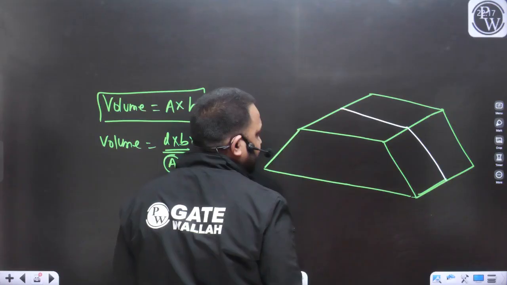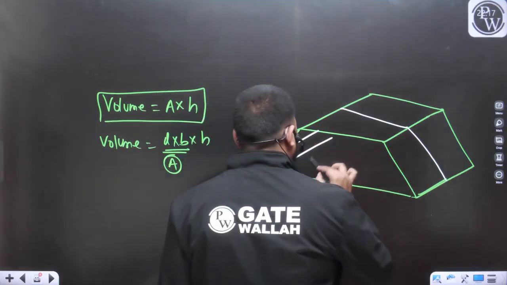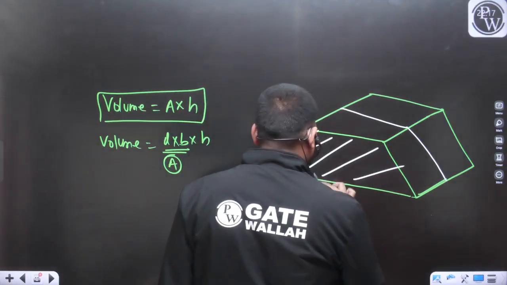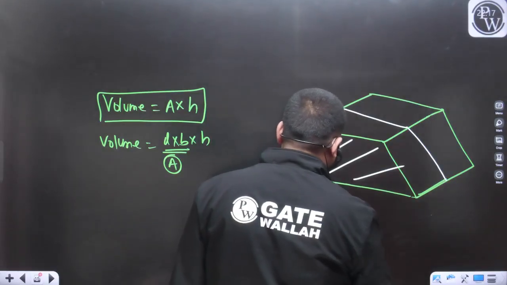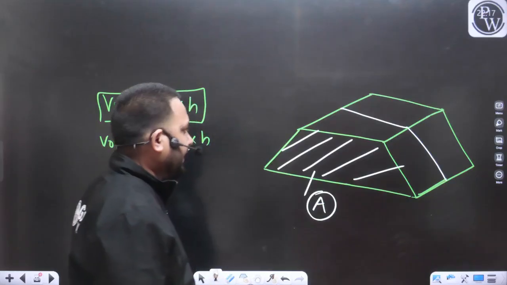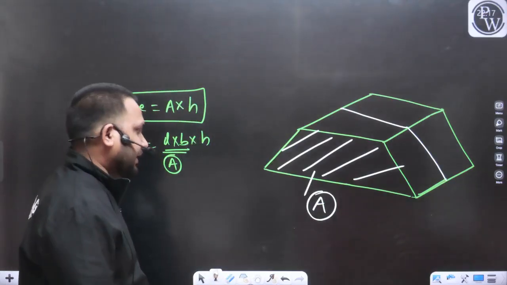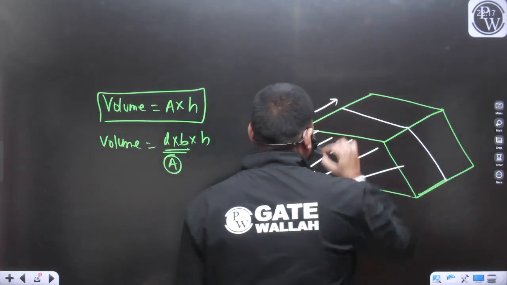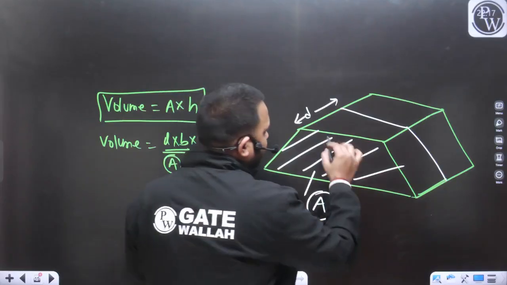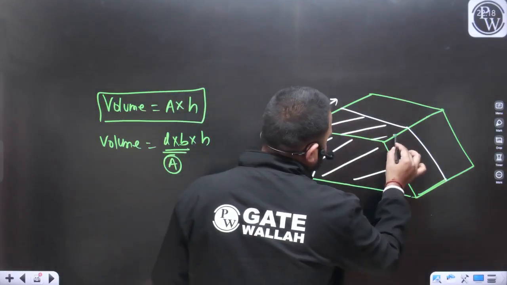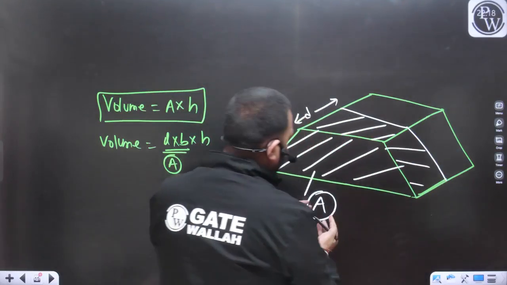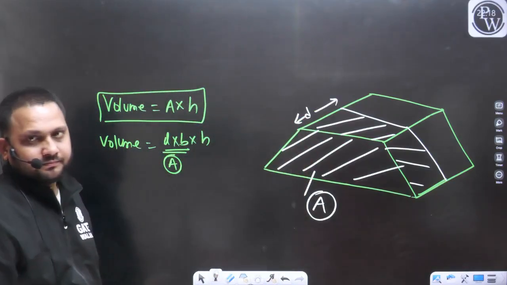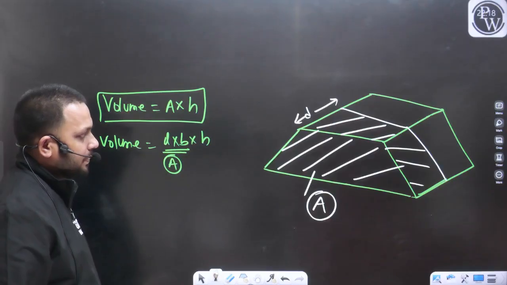Let's say this is the area A1, and let's say this dimension is D. Then can I calculate the volume very easily? It is going to be area into D. Yes or no?